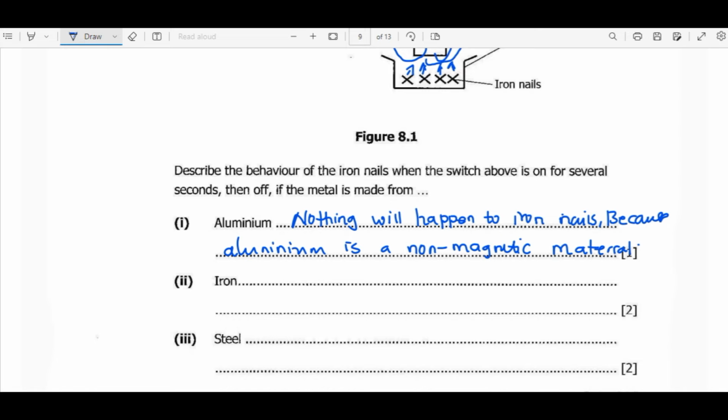So say iron nails will soon be attracted to the iron bar after the switch is on.